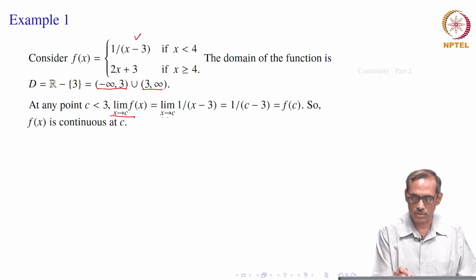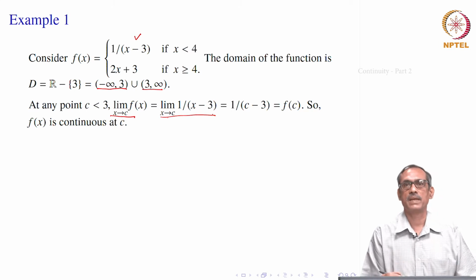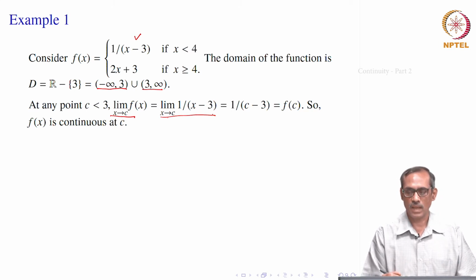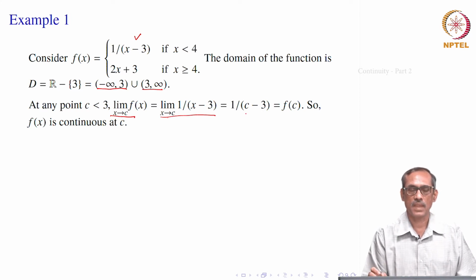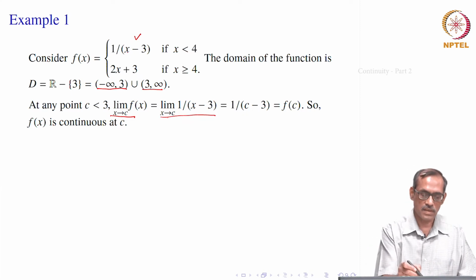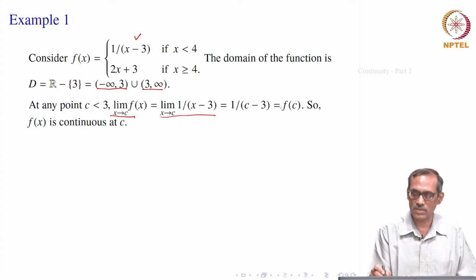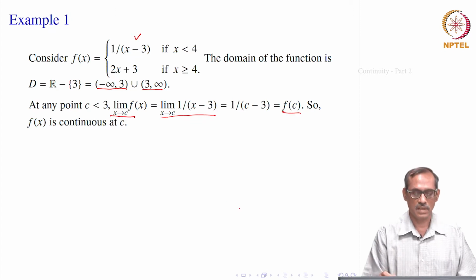So, the limit as x goes to C of 1 divided by x minus 3 is meaningful, x is not equal to 3, it is less than 3. So, the function is well defined, and as we know from the algebra of limits, its value will be 1 divided by C minus 3. But at C, f of C is also equal to 1 by C minus 3, that is equal to f of C. Therefore, it is continuous at C.